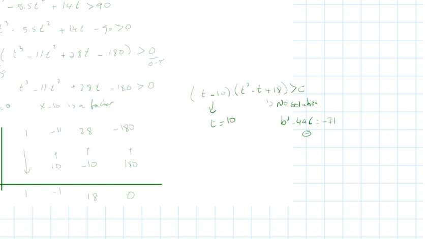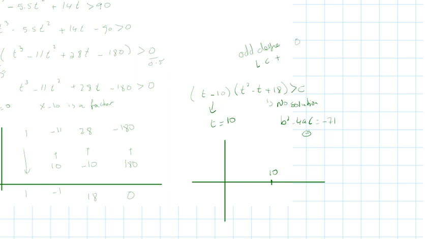So if I'm going to graph this, all I know so far is that I have 10 as my zero, and it's an odd degree with a positive leading coefficient.